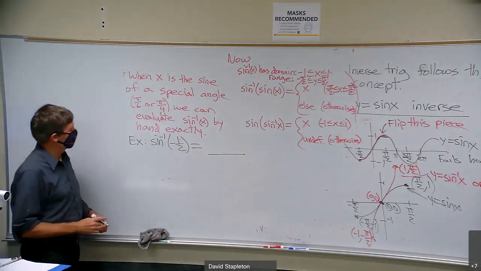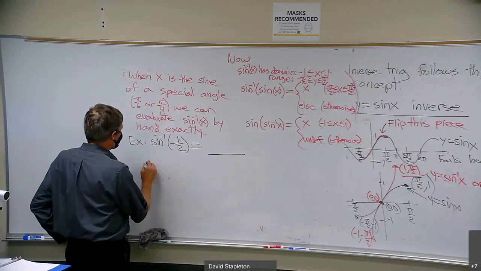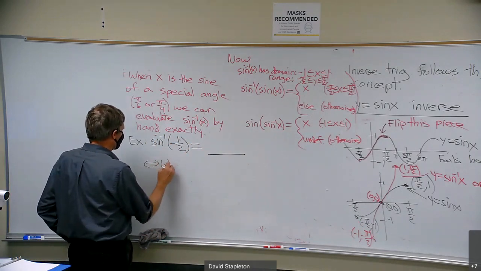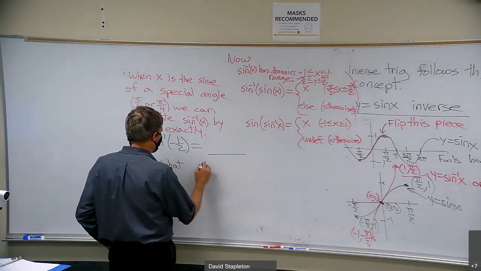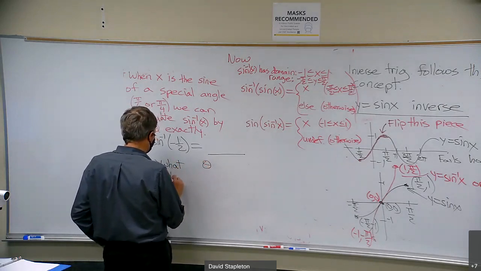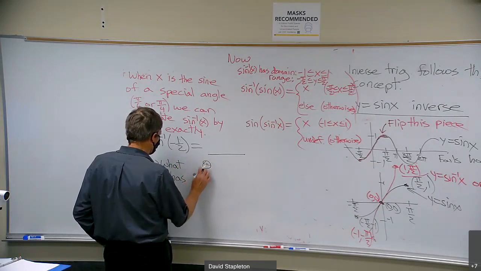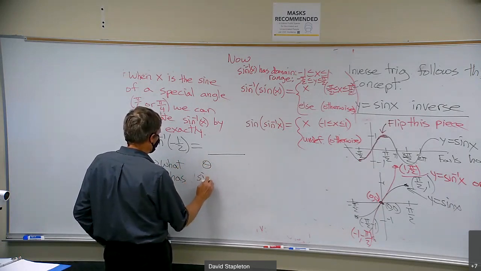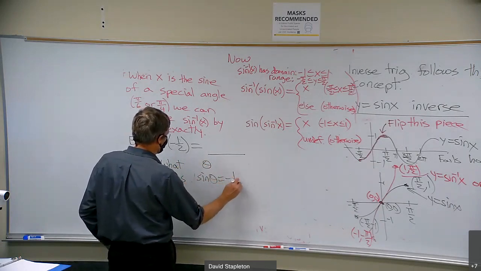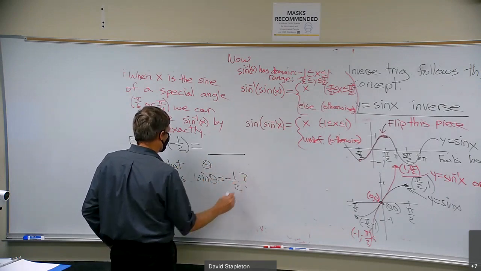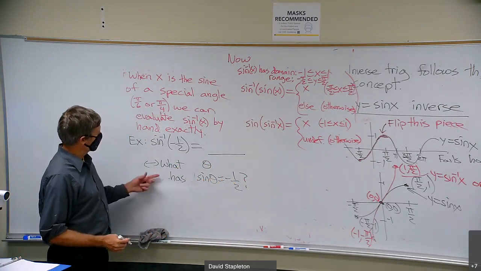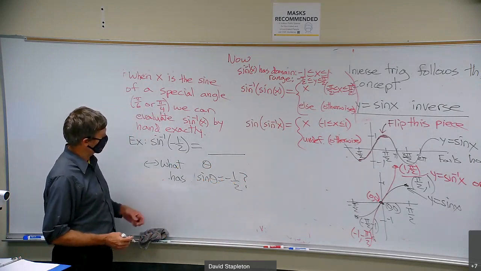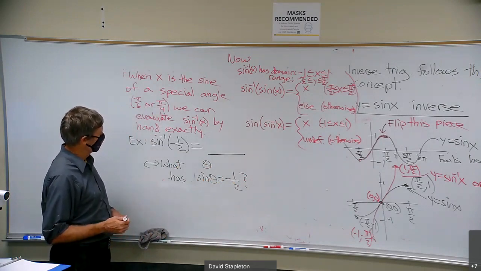Here's how you find it. This question is asking, the reverse of taking the sine: what angle theta has this sine? But it's a little trickier than that because there's an infinite number of solutions, as I mentioned before.